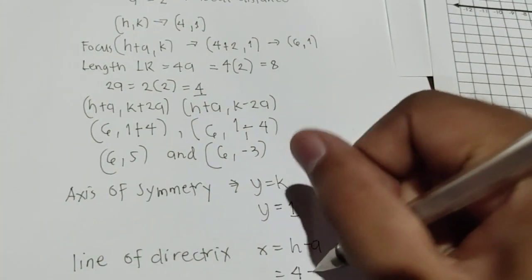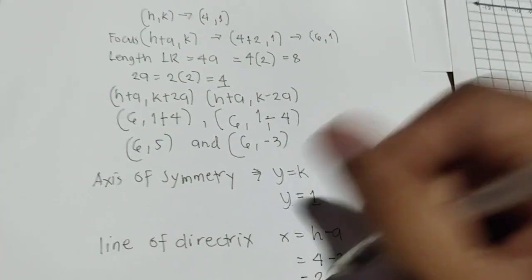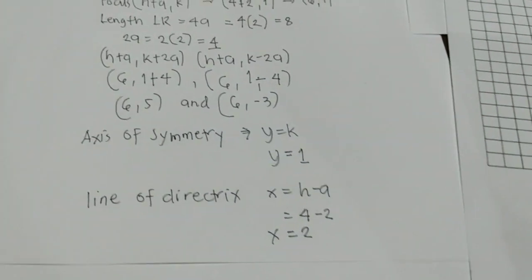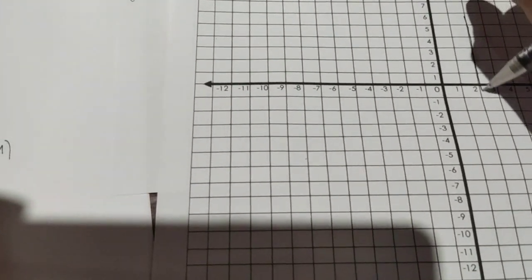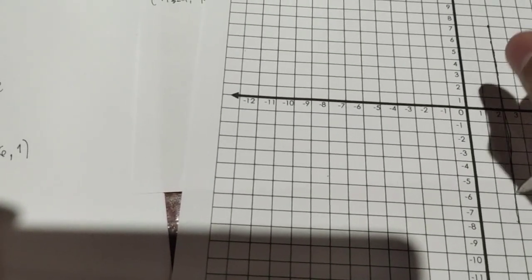So we have 4 minus 2 is equal to 2. So the line of directrix of this parabola is x equals 2. This is the line of directrix, which is x equals 2.